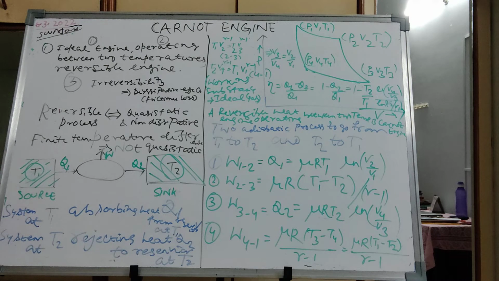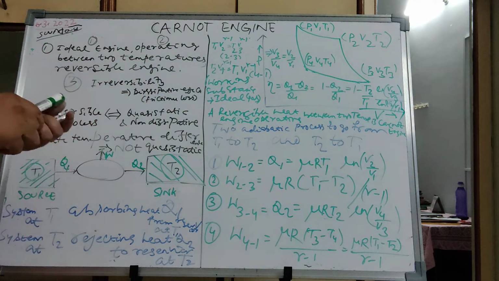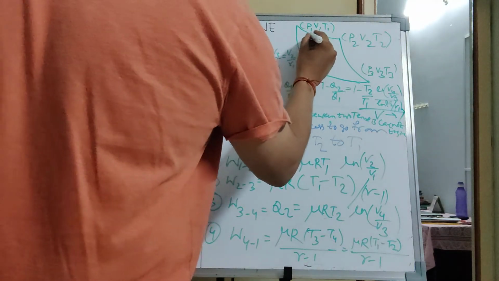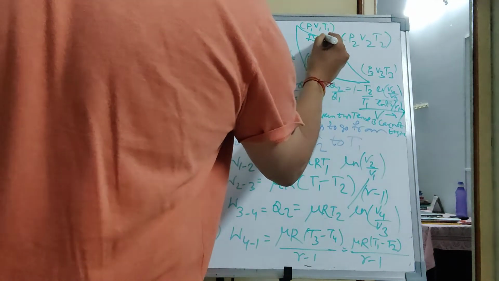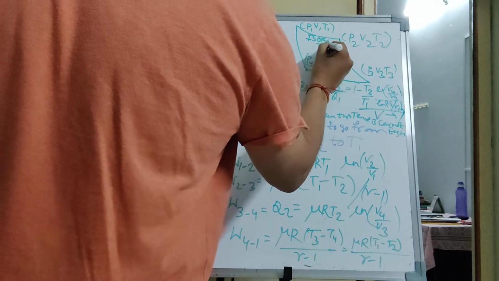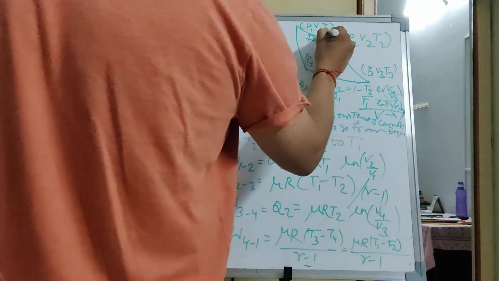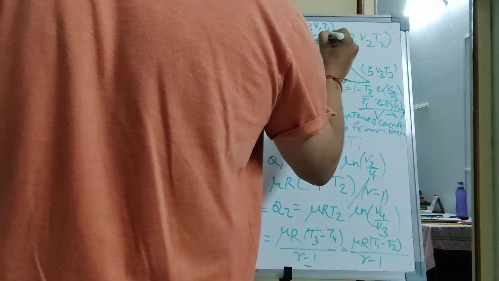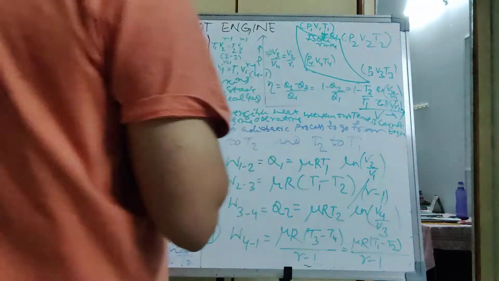When a reversible or quasi-static process happens, there is hardly any temperature difference between the source and the system. So he said the first process has to be isothermal. Here he is taking heat Q1.